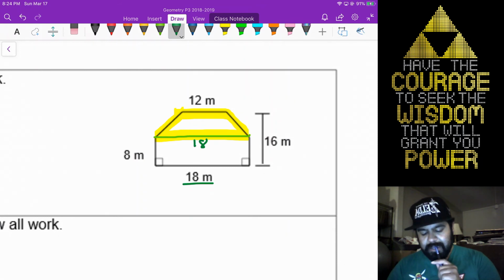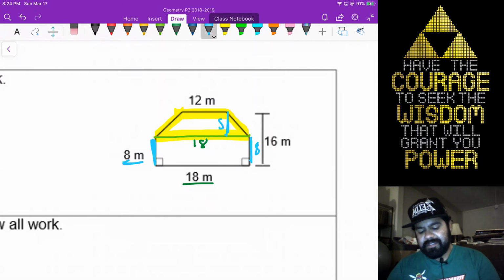Well, we also know the height of this part here, which means if this is 8, that means this height is also 8.